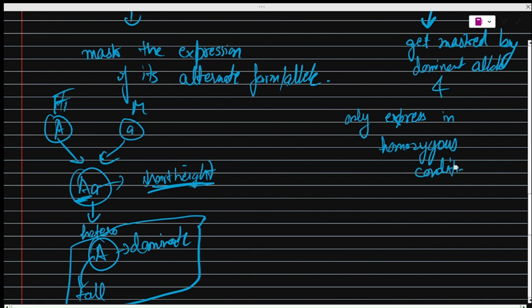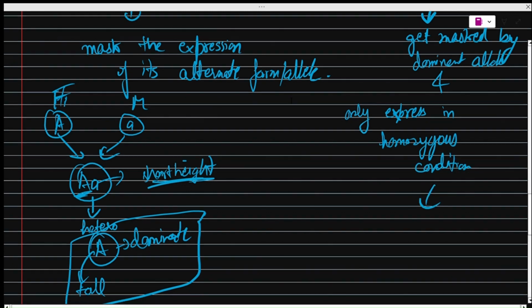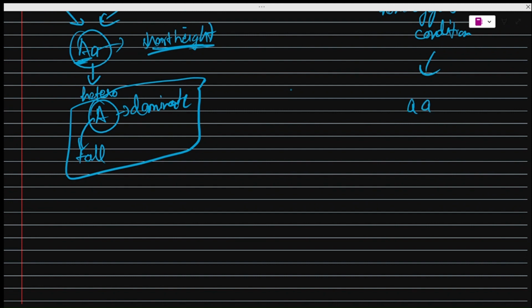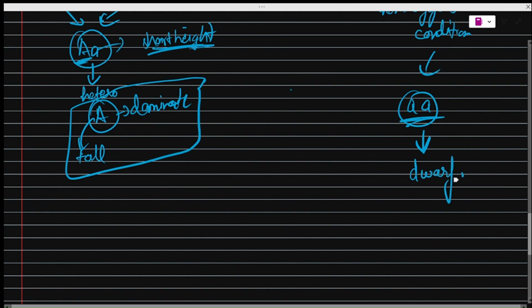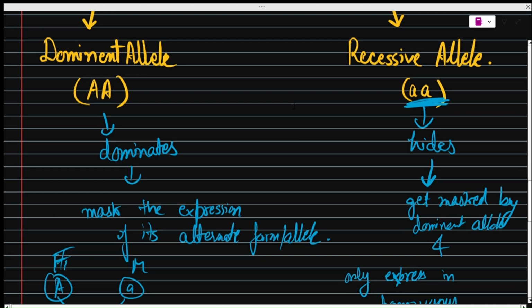What is the homozygous condition here? Small a and small a. Whenever this combination is formed, then only the person can be dwarf. So that's it for the terminology.